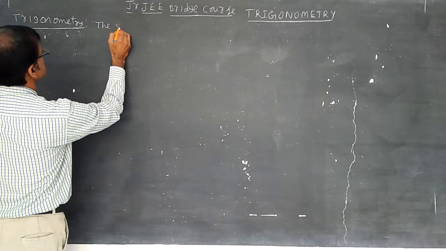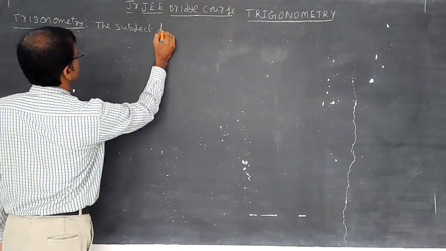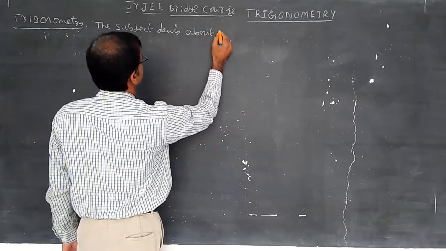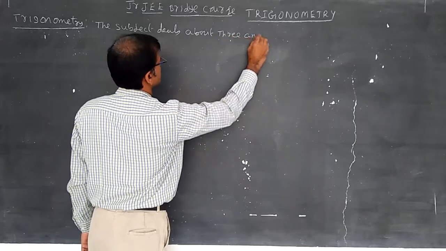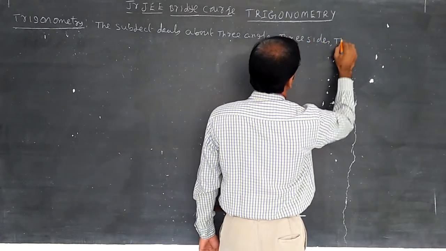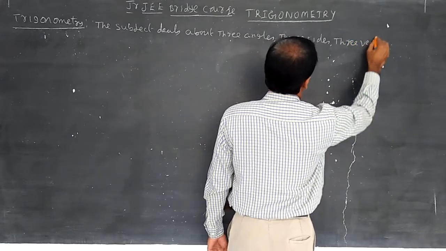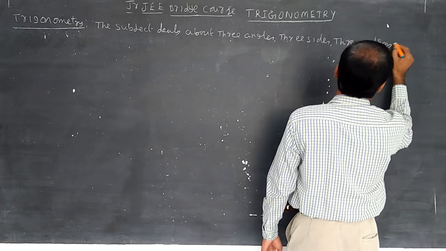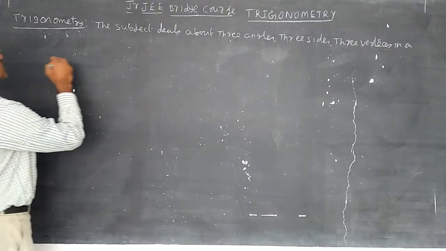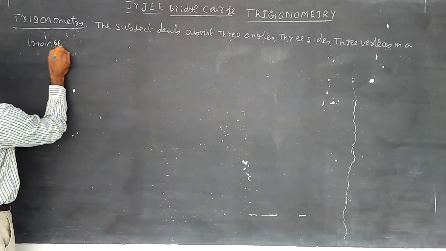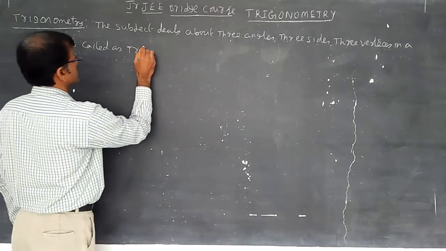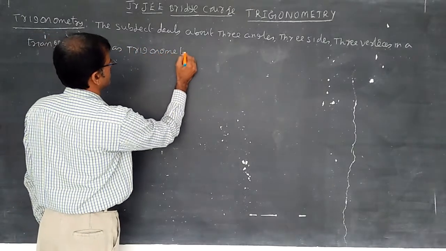The subject which deals with 3 angles, 3 sides, 3 vertices in a triangle, or of a triangle, is called trigonometry.